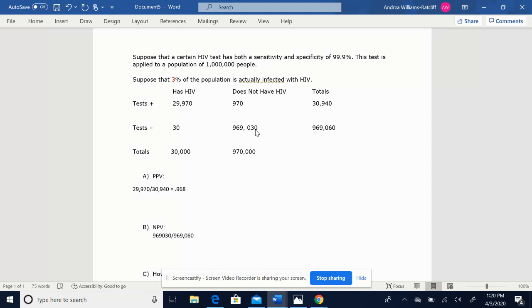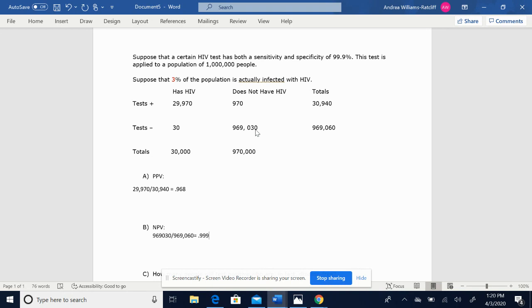Then I'm going to take my calculator and crunch those amounts, which ends up being about 99.9% as well.